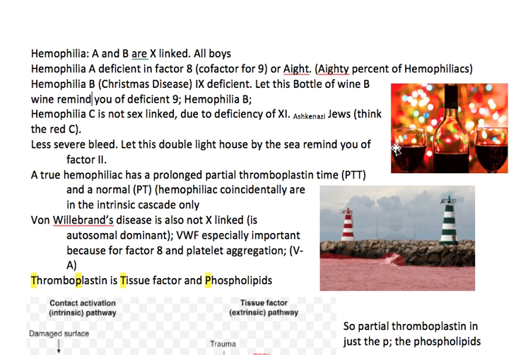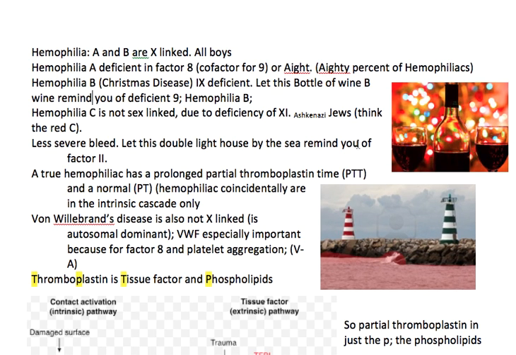So people might drink a lot of red wine, so the red wine can remind you of blood, and the bottle can remind you, the bottle of wine that is, can remind you of the number 9. So bottle of wine, number 9. And so maybe you could look up wine and Christmas and maybe print that and put that in your notes in order to remember this in the long term.